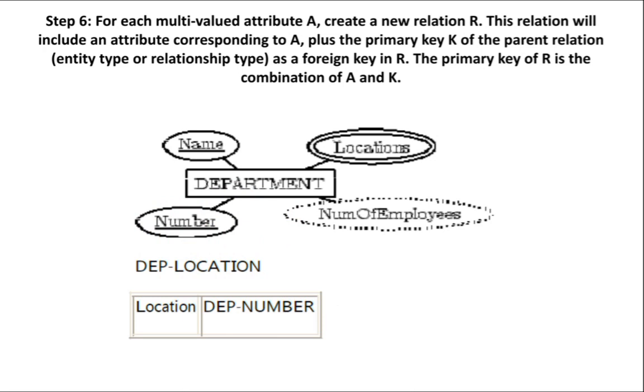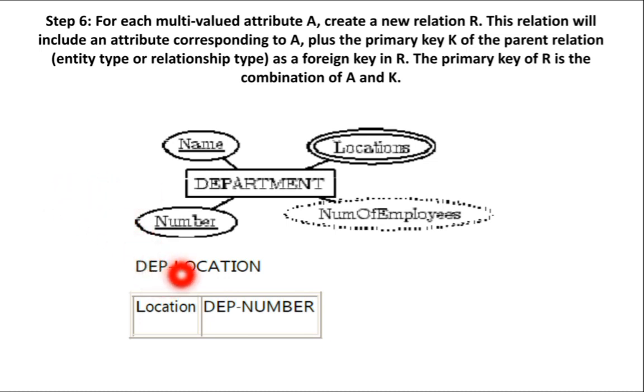And also, for the department location table, the primary key will be the combination of both location and department number. You can't make location the primary key here, because in the same location, department offices can be in two different offices.